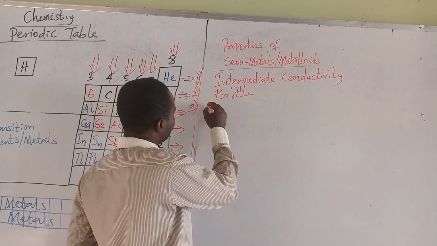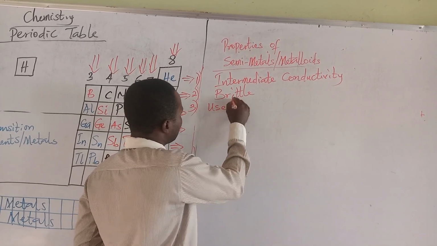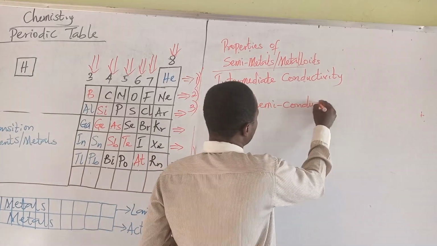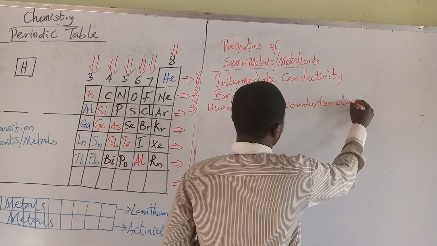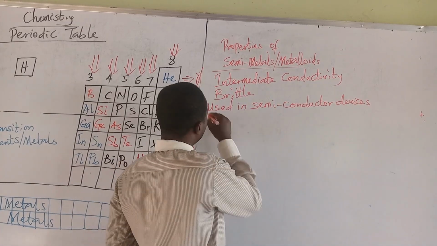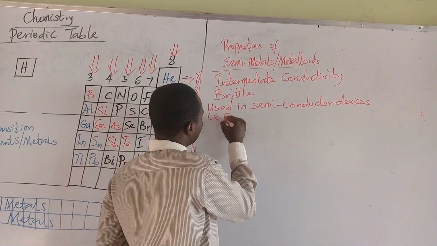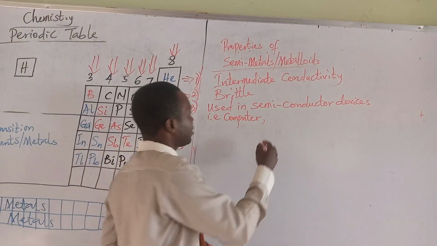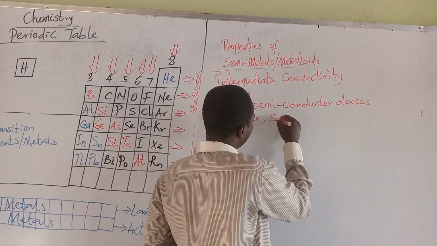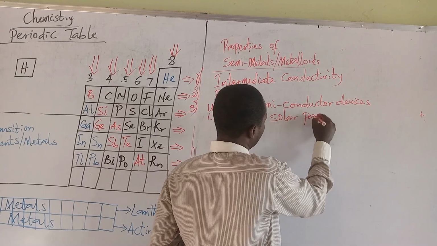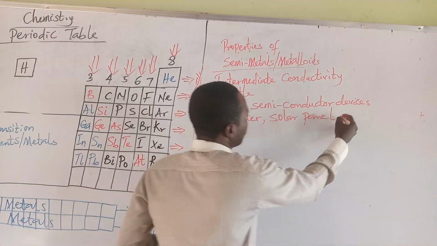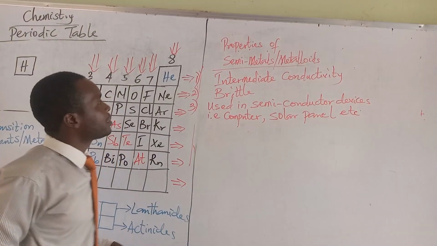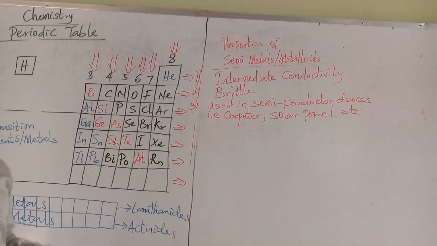They are used in semiconductor devices, like making computer systems, used in solar panels, and so on. So these are the properties of the elements in the periodic table.